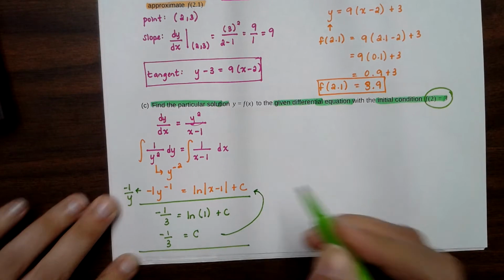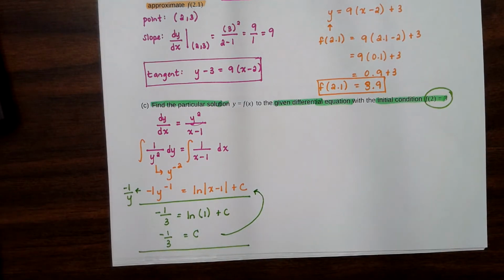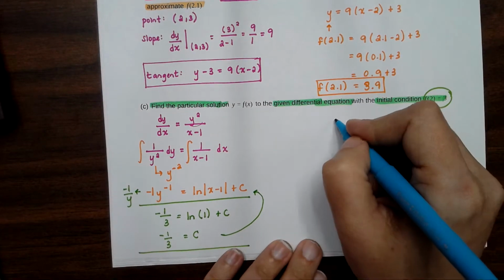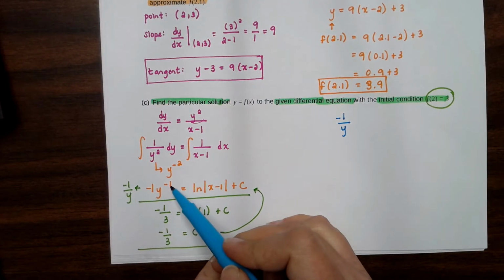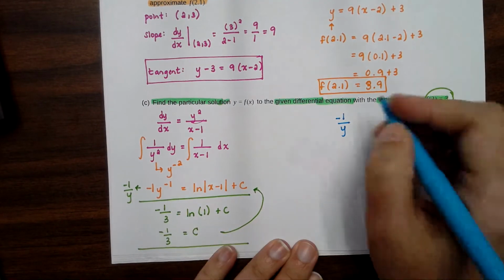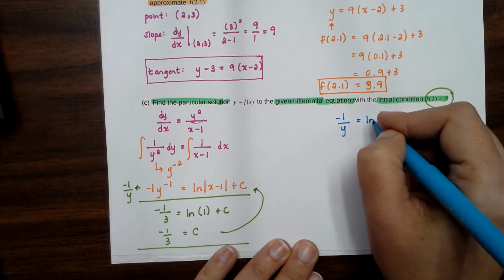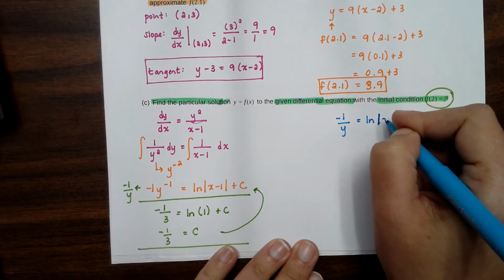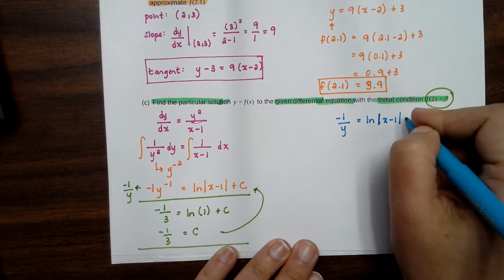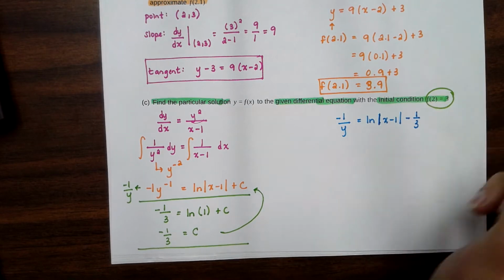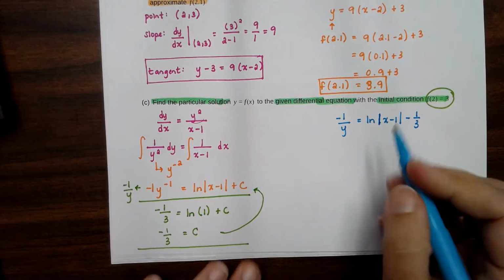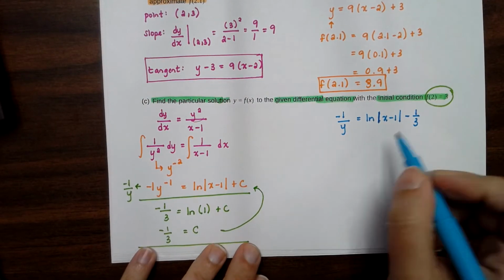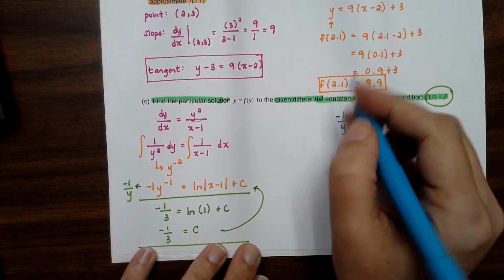I'm going to go ahead and plug my c back in. So my new equation would be negative 1 over y. Remember, I rewrote the negative exponent in the denominator, equals the natural log of the absolute value of x minus 1 minus 1/3. Now, in order to get y by itself, I'm going to do two things. I'm going to multiply by y on both sides, and I'm going to divide by the natural log.